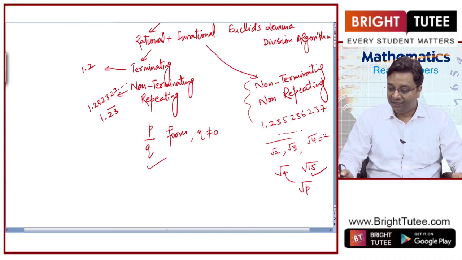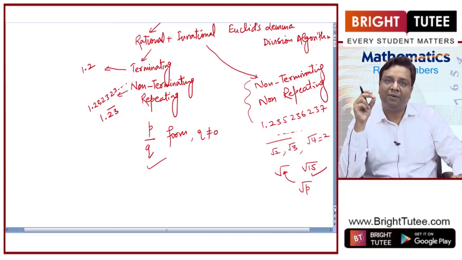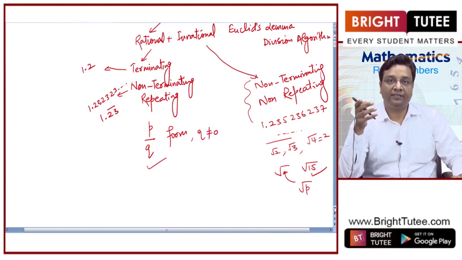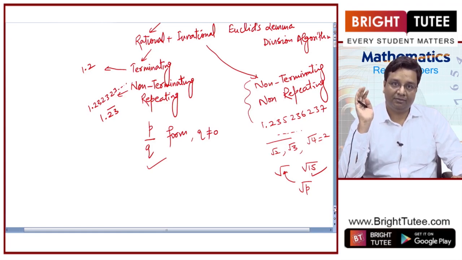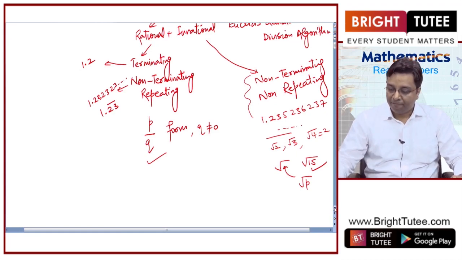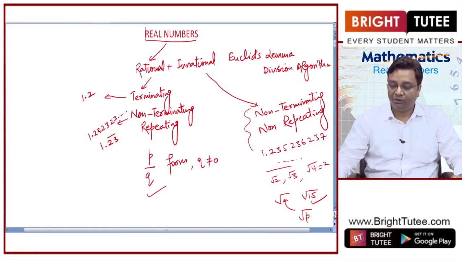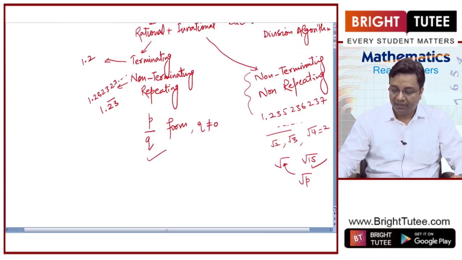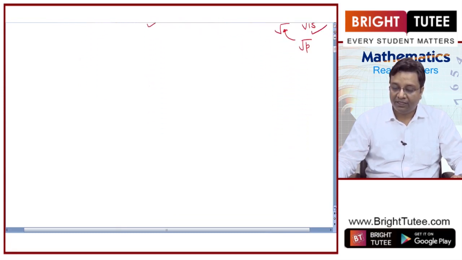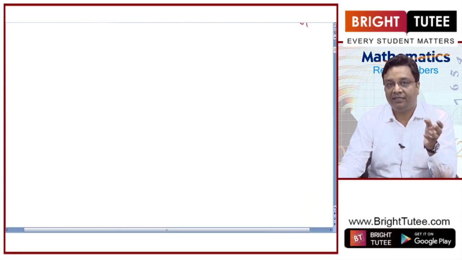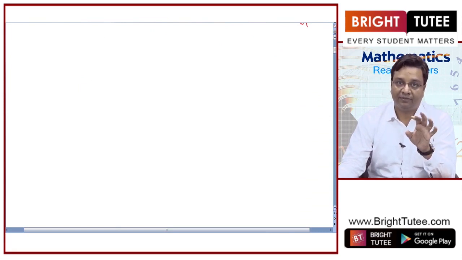Now in this chapter we will also give a proof by contradiction method that root 2, root 3, 2 plus root 3, these are irrational numbers, right? Before that, let's do a small theorem using fundamental theorem of arithmetic. What does the fundamental theorem of arithmetic say? That every number can be factorized into its prime factors, right?